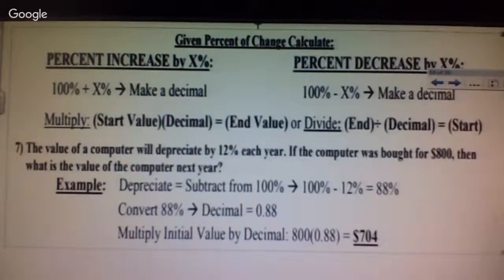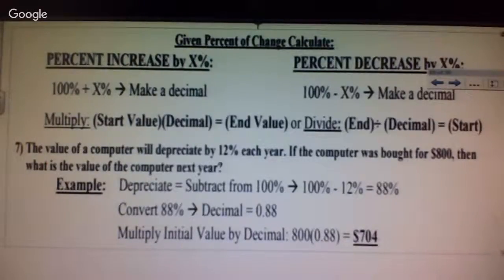If it's increasing, it's over 100%. 100 is your whole. If I'm decreasing, we're subtracting before we make our decimal because we're less than 100%. So the first thing we've got to do is figure out what percentage we're actually using. Do we need to add or subtract? We then need to convert that to a decimal, and then you multiply your value by that decimal.